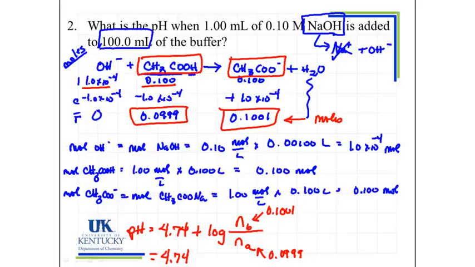Now I said I would mention why you can use moles. Let's say we couldn't use moles. Let's say we had to take this term on the right and put in concentrations instead. Well, how do we go from moles to molarity? We divide by volume. So we take our moles of the base and divide by the total volume. The total volume would be 100 milliliters of the one, 1 milliliter of the other, converted to liters because we need moles per liter, and we'd have 0.101 liters.